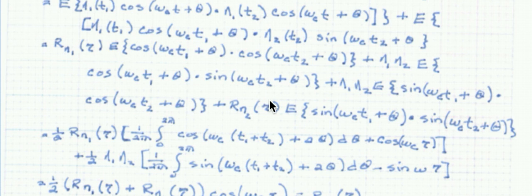times the quantity eta 1 of t2, the cosine of omega c t2 plus theta, plus eta 2 of t2, the sine of omega c t2 plus theta. So in effect, we've expanded the multiplication of the two components eta t1 and eta t2 at this point.